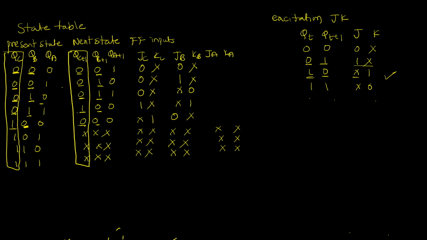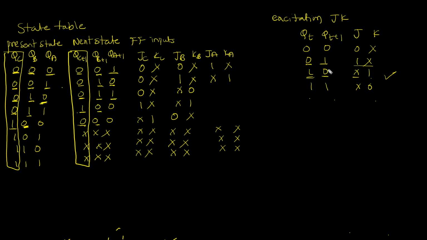So what I need to do is write JA KA. Compare QA plus 1: 0 1. For 0 1, 1 don't care. Next, this is 1. What about this 0? 1 0. For 1 0, don't care 1. Okay. Further you compare, how many did we do? 2. Third one, third 0. What about QA plus 1? 1.